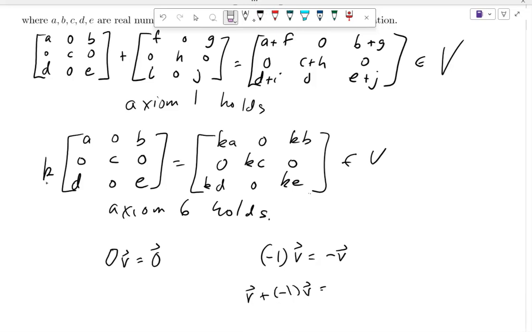So to that end, what axiom allows me to do what I just did there? Yeah, that was number 10, right? That was axiom 10 that allows me to do that. Yeah, the scalar identity. Exactly right. That's the 10th one. Good. What axiom allows me to do this one?